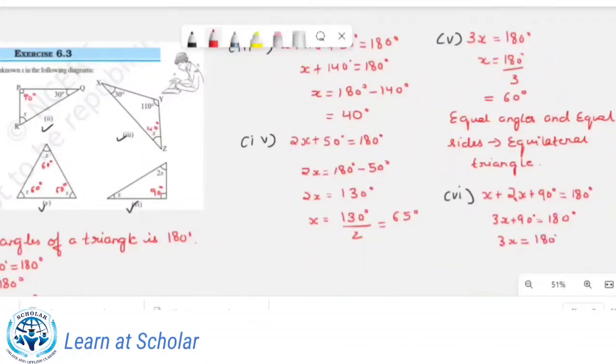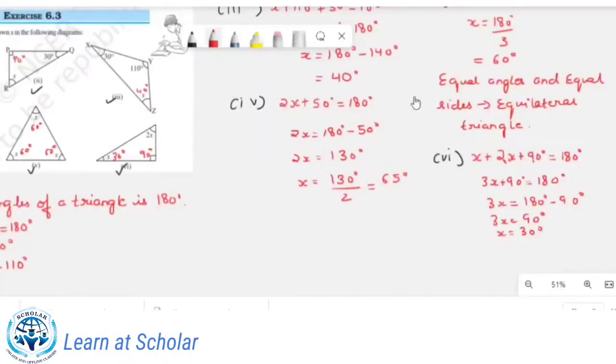So 3x plus 90 degree is equal to 180 degree. The value of x will be 30 degree. That means one angle is of 30 degree, another is 2x, that means 2 into 30 degree is equal to 60 degree. Question was easy, right?